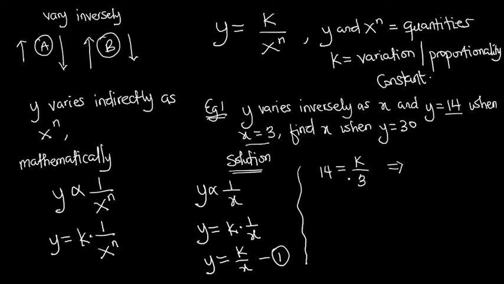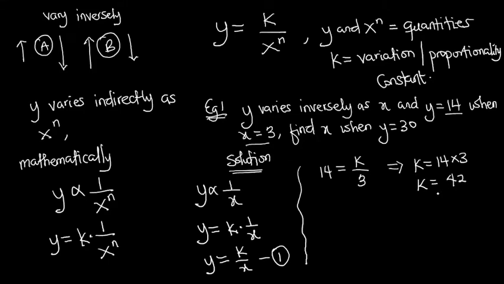If we cross multiply to get the value of k, k will be equal to 14 multiplied by 3, which gives 42 when we compute this on our calculator.